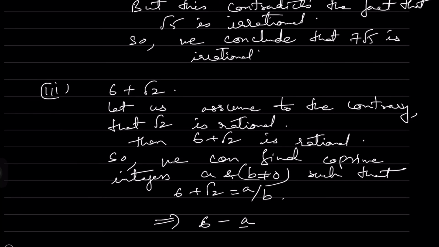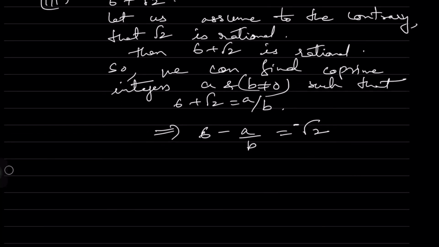Or you can write this as 6 minus a by b is equal to minus root 2. Or you can also write root 2 is equal to a by b minus 6.